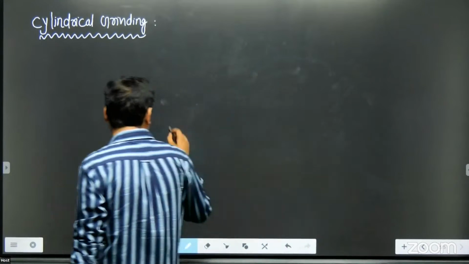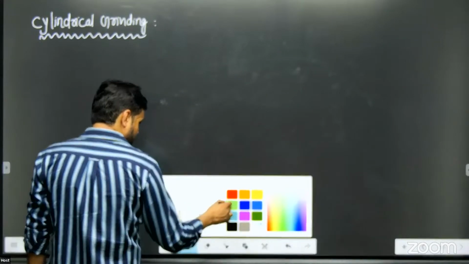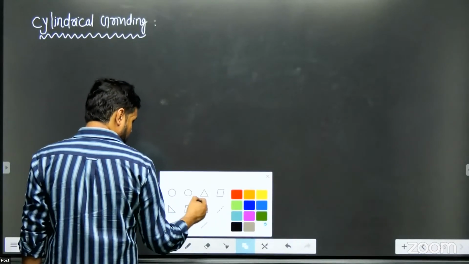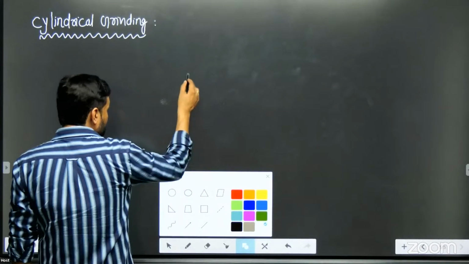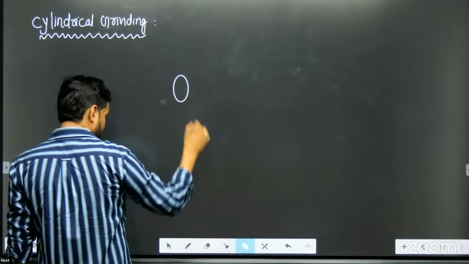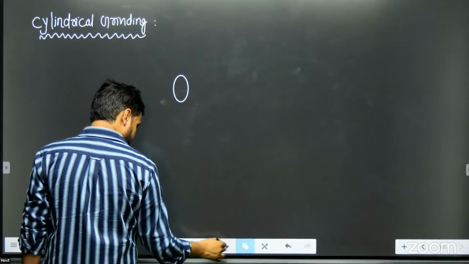कि आपके पास लाइक एक चक होगा, you will have a chuck, in that chuck the workpiece will be loaded.